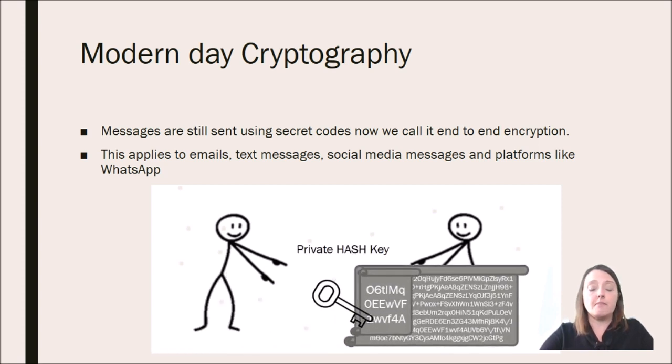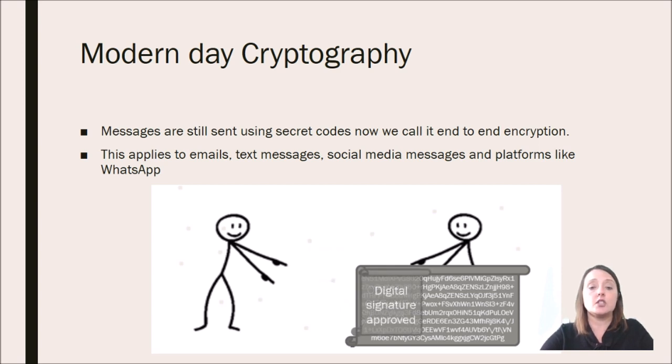The next step would be to send a message. Now, the message is sent along with a digital signature. The digital signature has to be decoded using a special key, which is hidden. And once that is decoded, a private key, which is only known to the receiver, is able to decode this message.